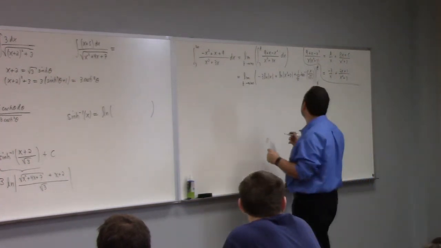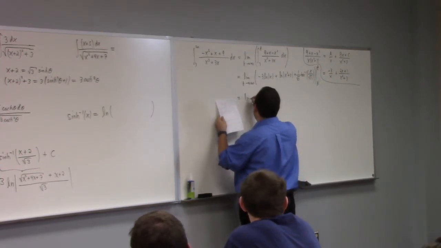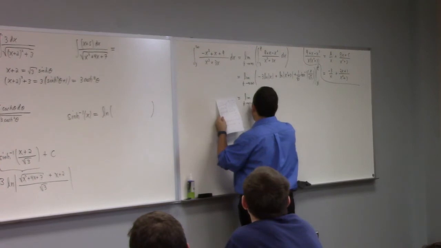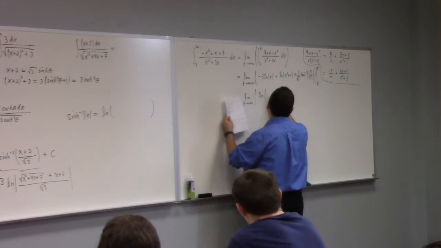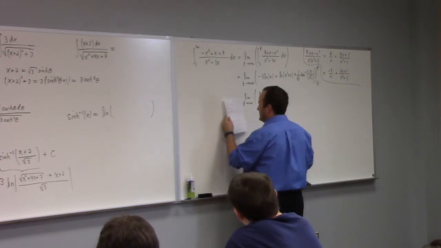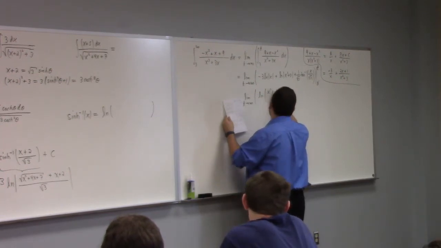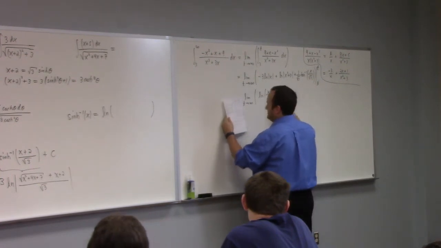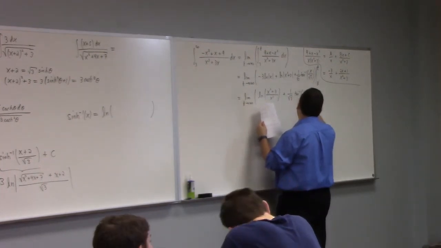Simplify the logarithms. So this gives us the limit as t goes to infinity of the natural log of, where'd the 3 go? Oh, x cubed. I missed that it's x cubed. Natural log of x squared plus 3 over x cubed, plus 1 over root 3 inverse tangent of x over root 3.